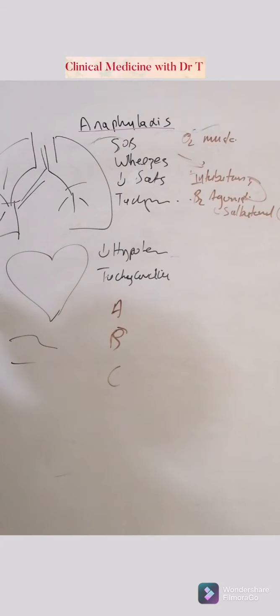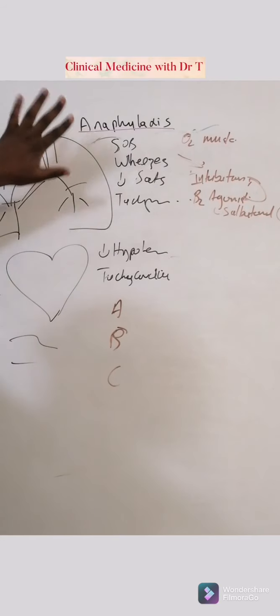But if they are completely closed, then there's no point in giving beta 2 agonists in that patient. They need intubation. We pray and hope that we don't get there. But yeah, that's what you would do for that.